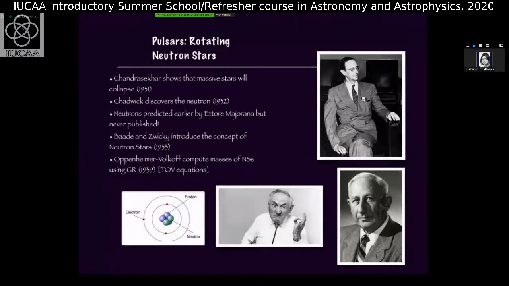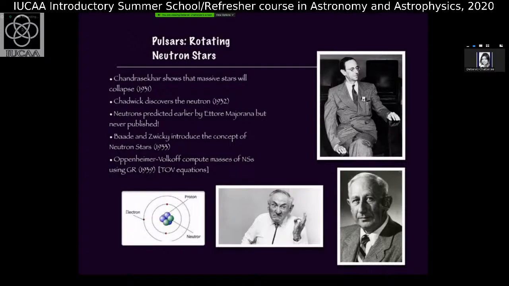Basically, how do we know that the pulsars that we identify today were rotating neutron stars? So Chandrasekhar already showed that massive stars will collapse. Following this, in 1932, Chadwick discovered the neutron. However, neutrons were already predicted earlier by Majorana, but they were never published.